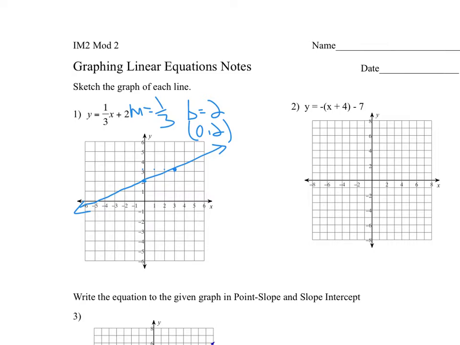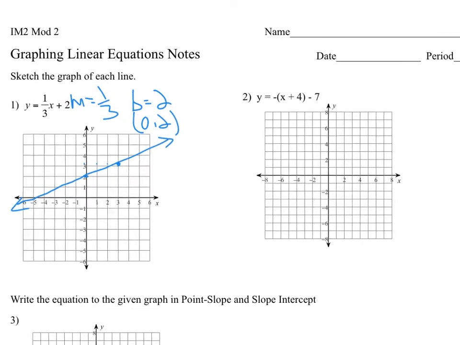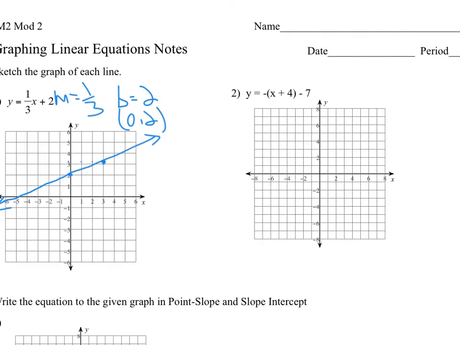Now this second equation here is what we call in point slope form. So our slope on this one, our m, is our a value, this value in front, and it happens to be a negative. No number is written, so it is a -1. And then our point that we're going to use is (-4, -7).